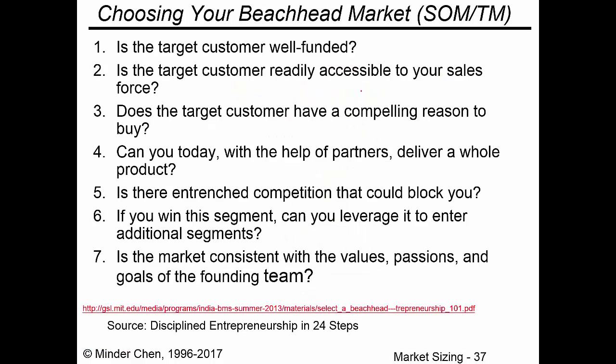So how do you choose your beachhead market? This came from a book called Disciplined Entrepreneurship. Here is a chapter from it which describes the beachhead concept.